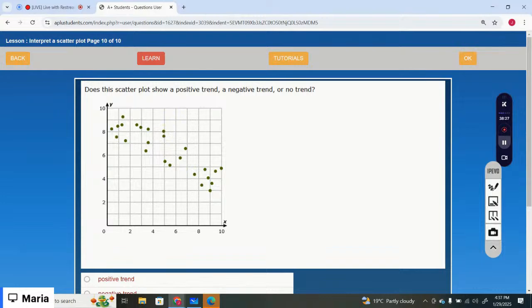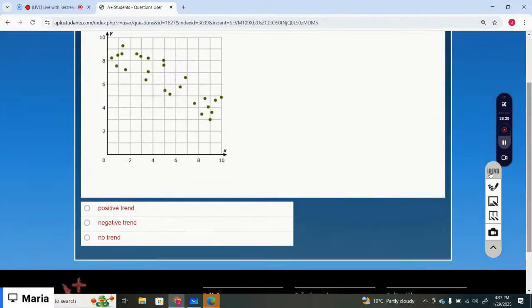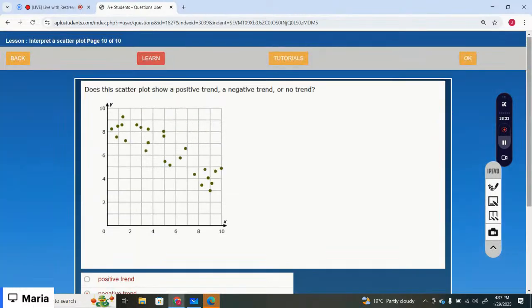That is the negative trend. The correct option is negative trend. Option number two is the correct option.